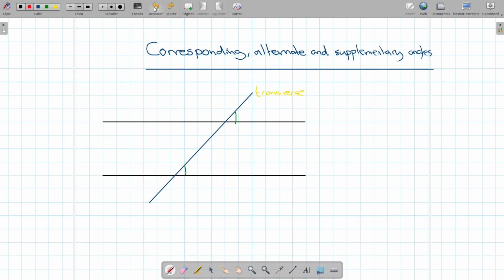We've seen alternate angles which are equal. And we've seen supplementary angles which add up to 180 degrees. I hope this helps.